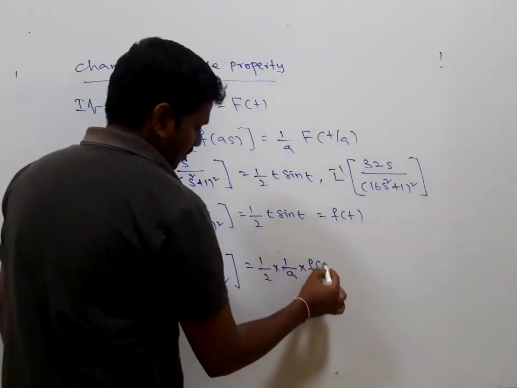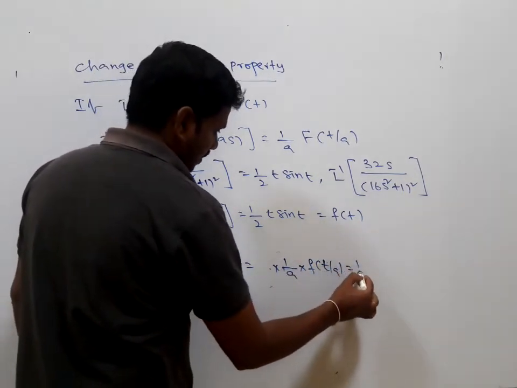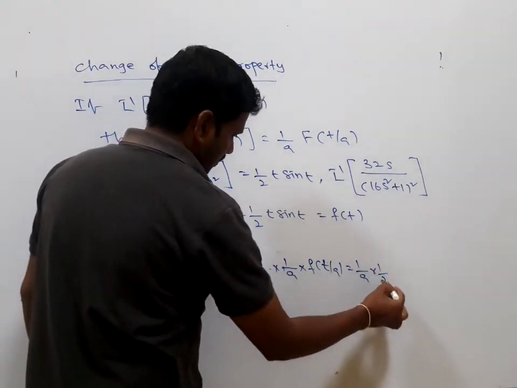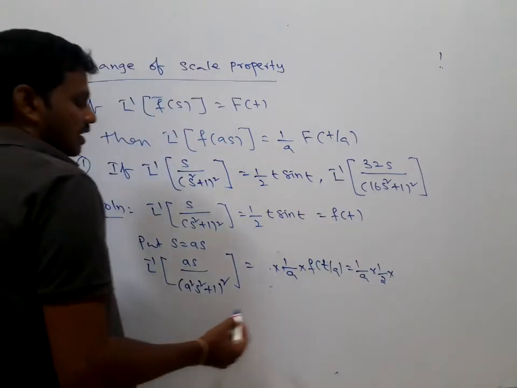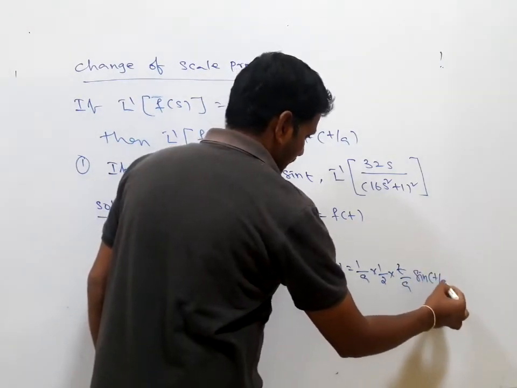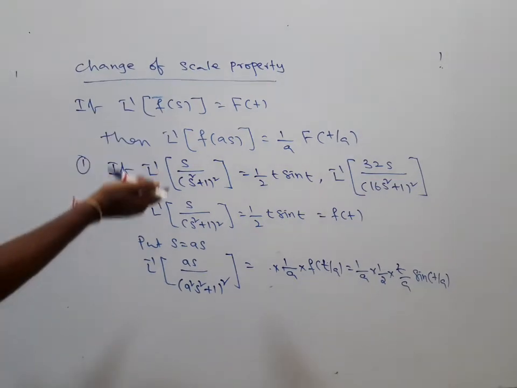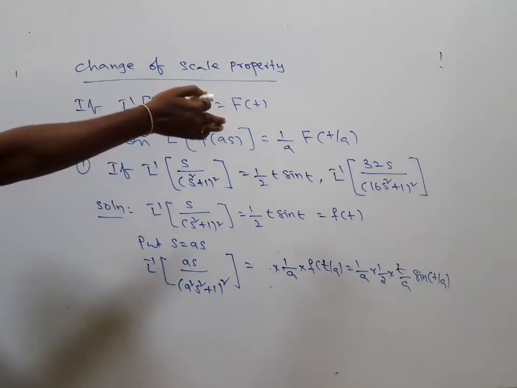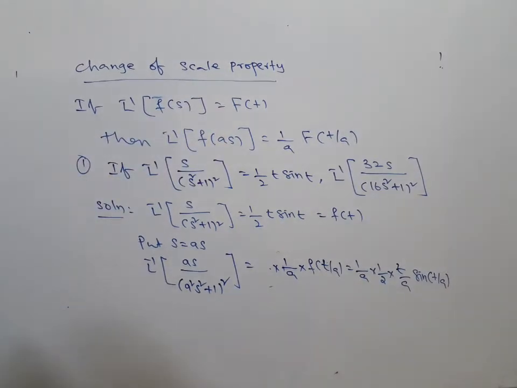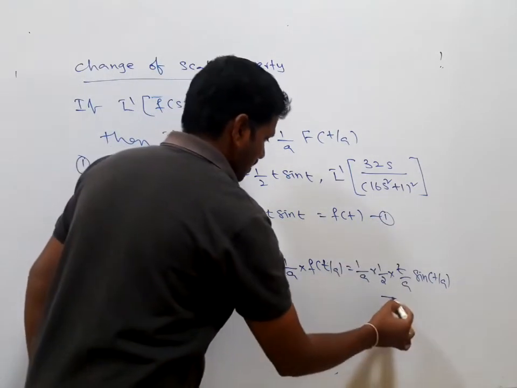Here it is 1 by a into f of t by a, which is 1 by a, 1 by 2. F of t by a is what? t by a into sine of t by a. So when we get that answer, if I take a equals 4, we may expect 4s in the numerator, and the denominator is 4 square, 16s square. Take this as equation number 1 and this as equation number 2.